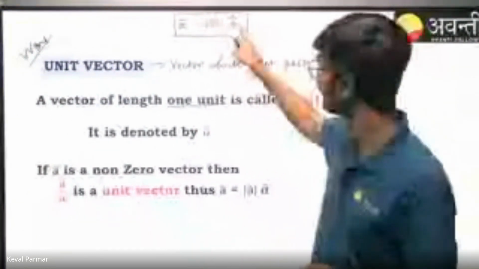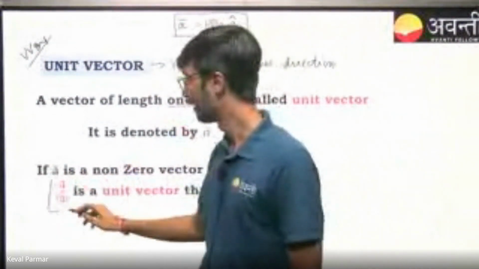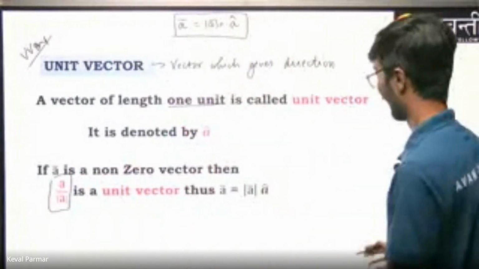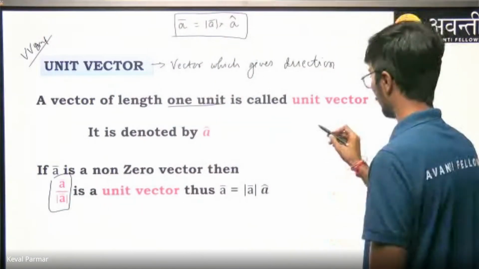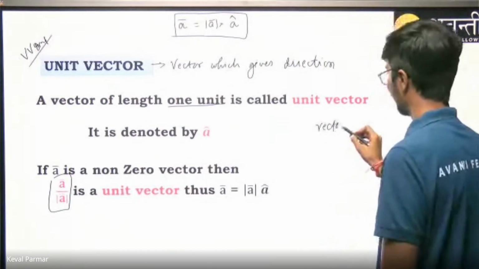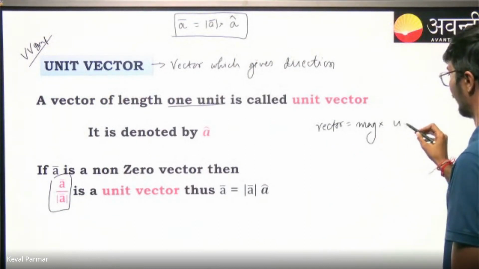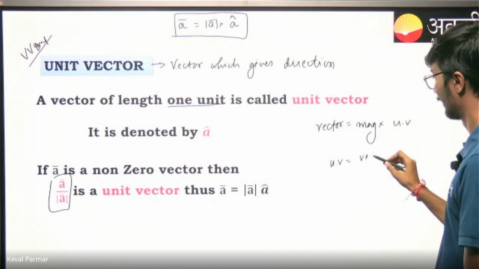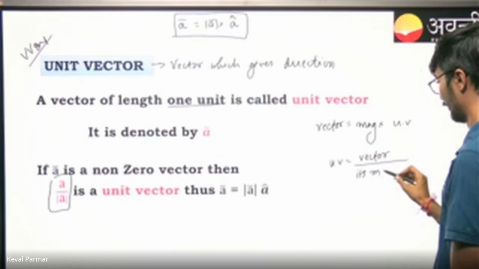So from here, a cap is equal to a bar upon mod of a bar, that is, a bar upon the magnitude of a bar. I can sum it up in general as vector equals magnitude into unit vector. So the unit vector will be equal to the vector upon its magnitude.